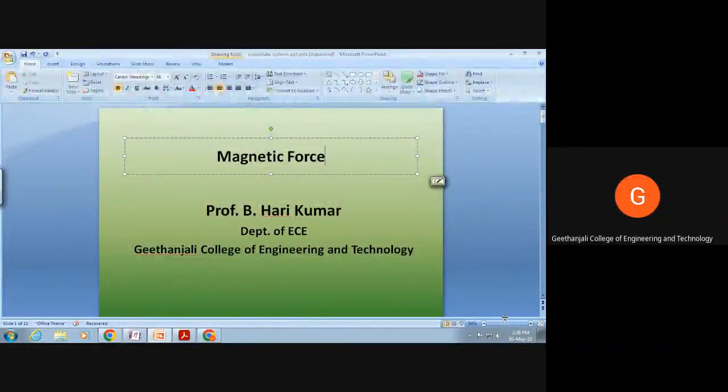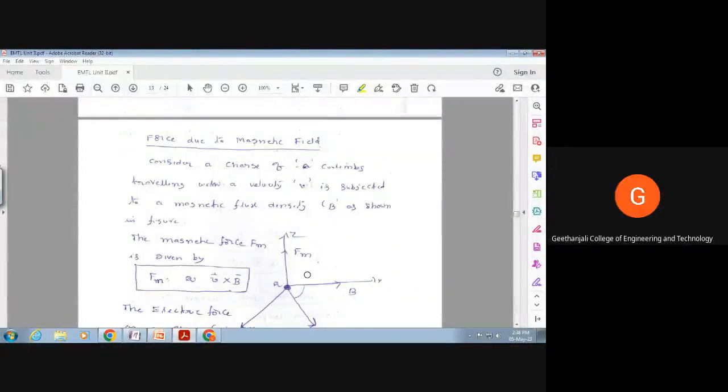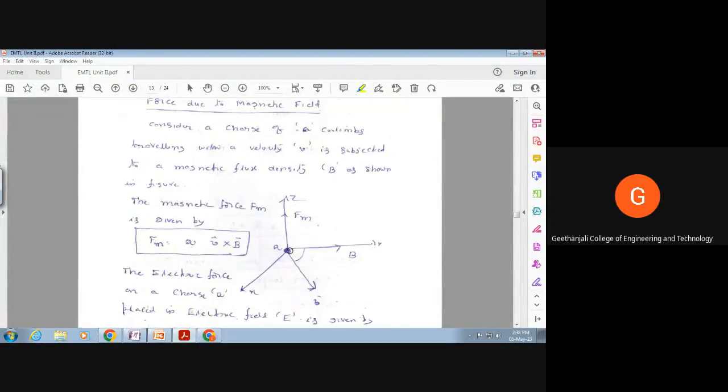In today's class, we are going to discuss the magnetic force. First of all, the magnetic force on a point charge. Assume that there is a charge of 2 coulombs which is moving in this direction with a velocity v.